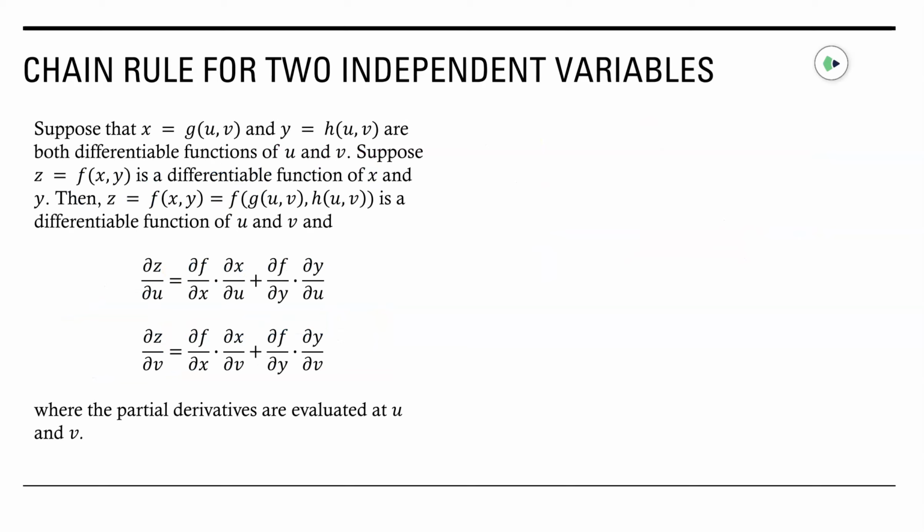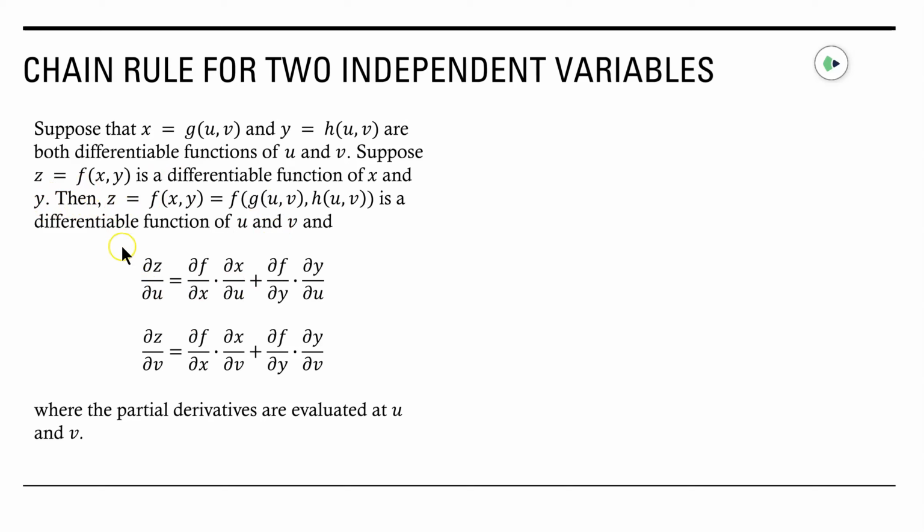Now let's take a look at what would happen if our x and our y depended on two variables, u and v, instead of a single variable. Now we have similar conditions. We need the functions g and h to be differentiable for u and v. We also need our function f to be differentiable in terms of x and y.